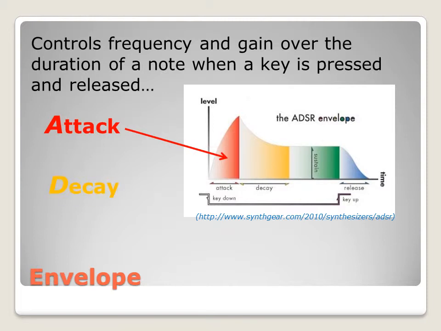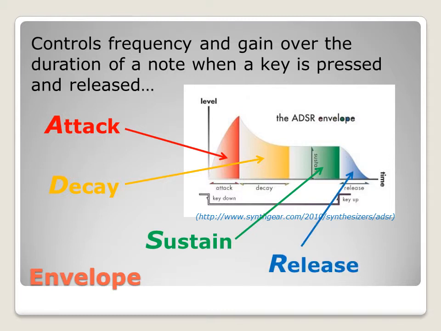The next phase is the decay, which is what happens to the sound after that key is pressed and held down. Here there's an exponential fall off, but it could also be linear. Then you have the sustain, which is how long that note stays while the key is down. And then you have the release, which is what happens to it after the key is released. That shapes the sound from the original tone.